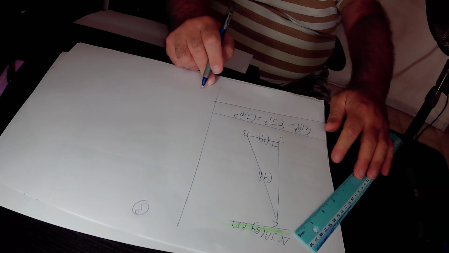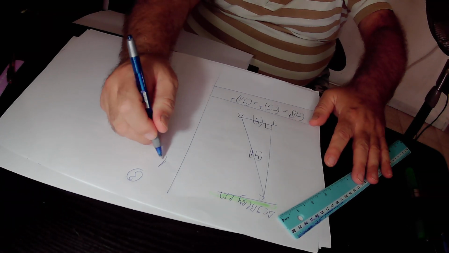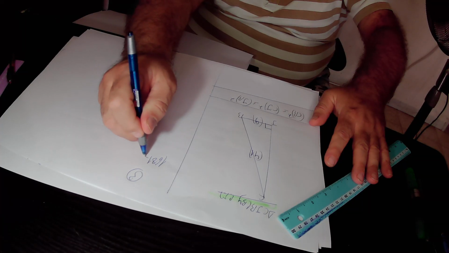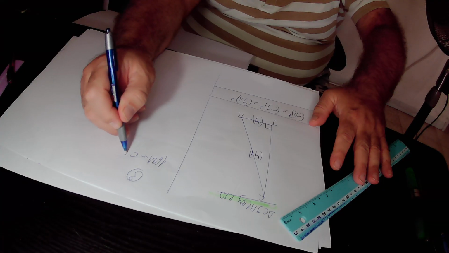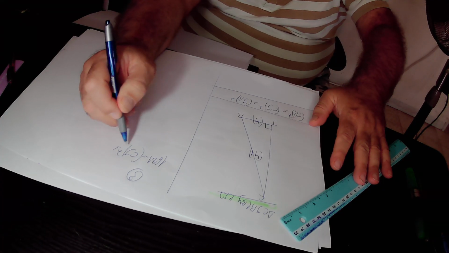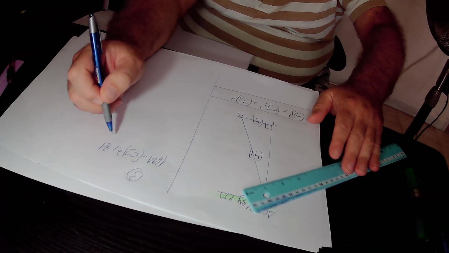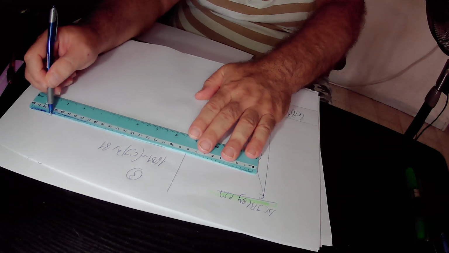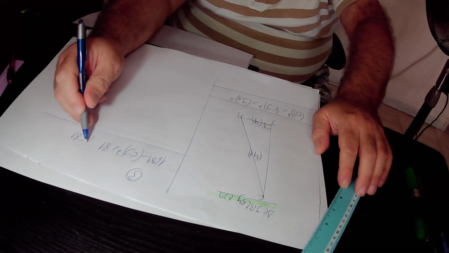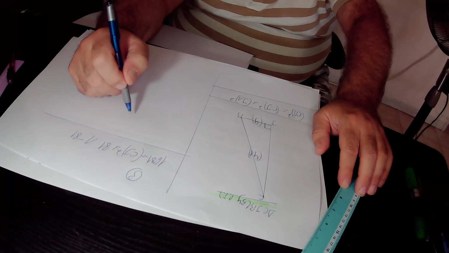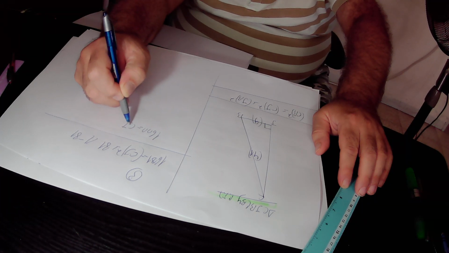CB is 41, therefore CB squared is 41 squared, that is 1681, and this equals CJ squared plus JB squared. CJ is the missing side, so we keep it as CJ squared. JB is 9, therefore JB squared is 9 squared, that is 81. Here we subtract 81 from this equation, and we get that 1681 minus 81 is 1600, equals CJ squared.